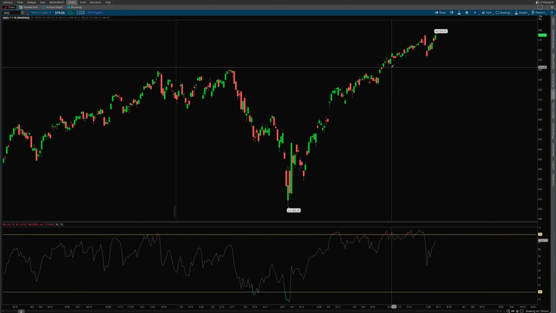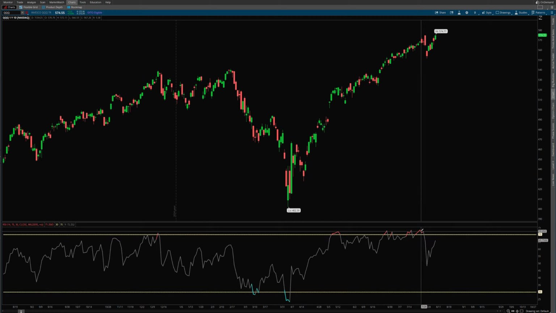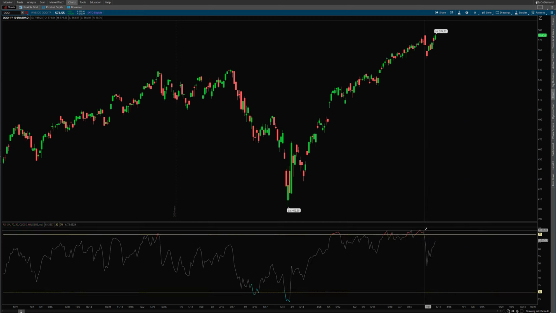Because in a strong uptrend in particular, we could be in an overbought signal for weeks, months, as long as you can imagine. All this is saying is that the trend strength, or the momentum strength, is very, very high.